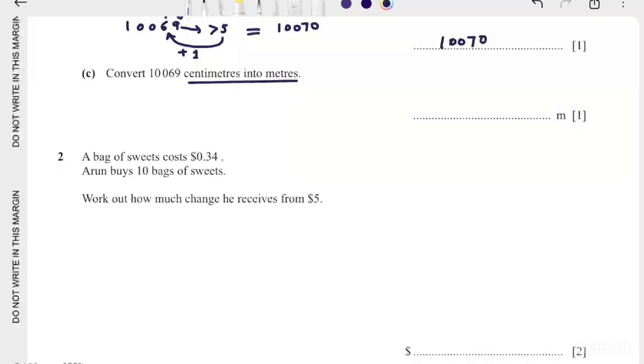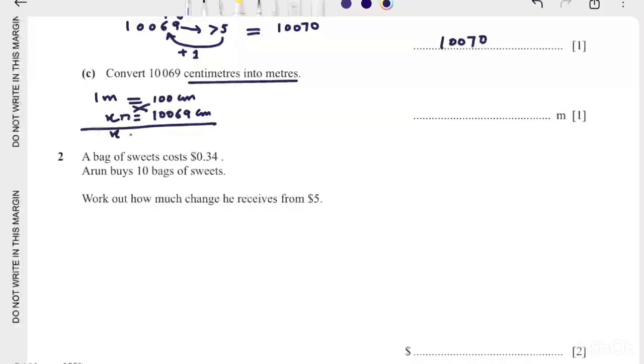C part, convert 10069 centimeters into meters. We know that 1 meter is equal to 100 centimeters. Now 10069 centimeters will be how many meters? So we have to do cross multiply.